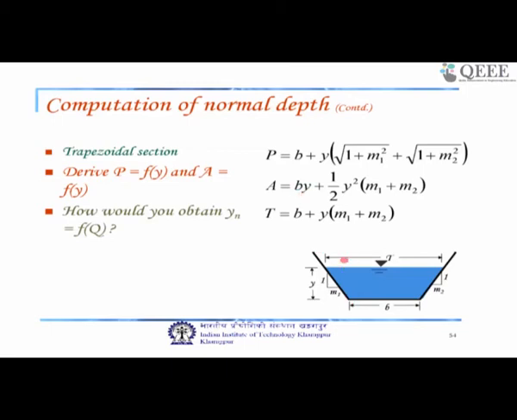which is the middle rectangular portion, and half m1y into y, where m1y is the base width for this triangular portion and y is the depth of flow. Again, y is the depth of flow, m2y is the base width for this triangular portion.